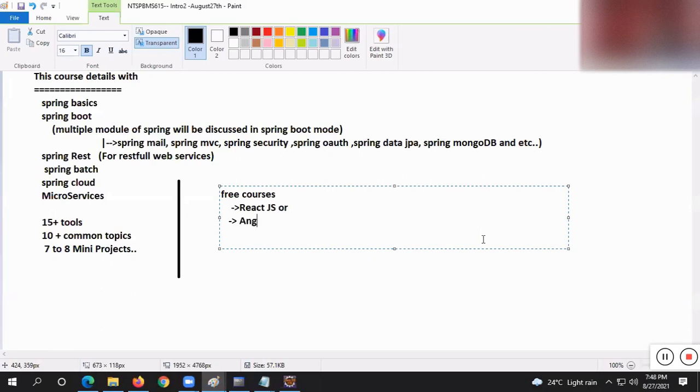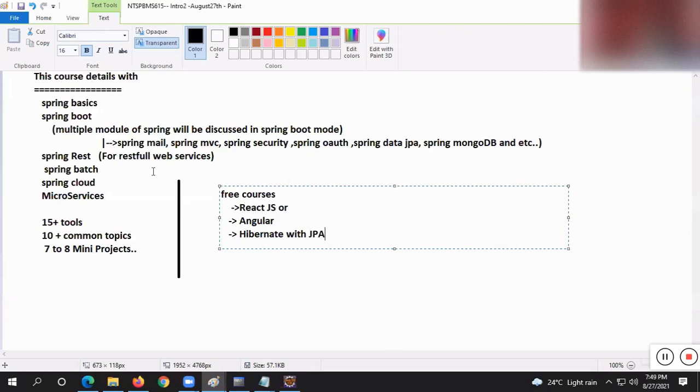Angular, I think latest version is 12 or 13. Next we are going to learn Hibernate with JPA. Are you understanding? And we are going to see integrations also. Definitely Angular and Spring Boot integration.